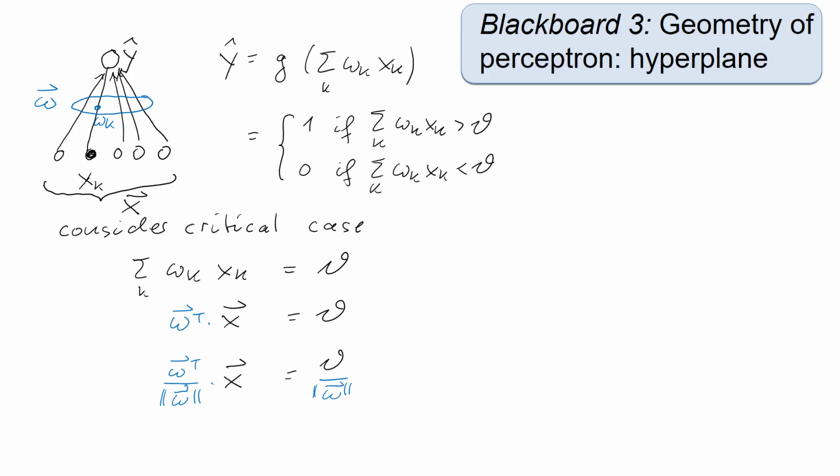So it's x projected now on this unit weight vector. And the right-hand side, you can think of as some rescaled threshold.